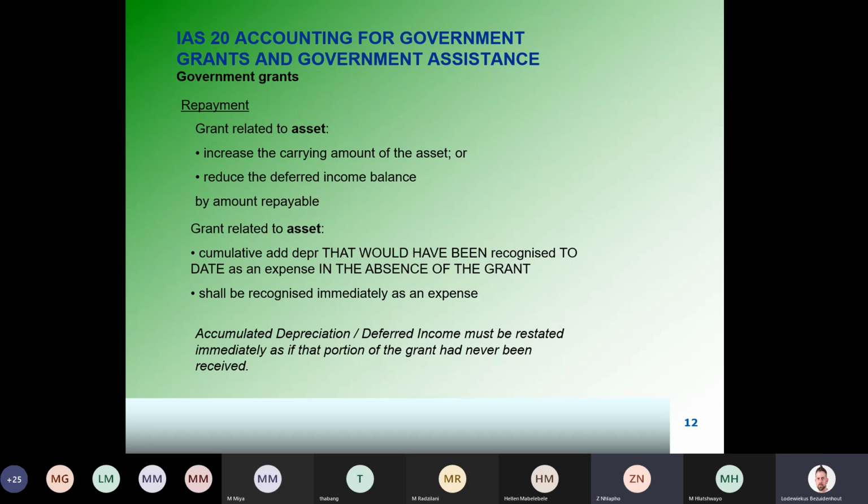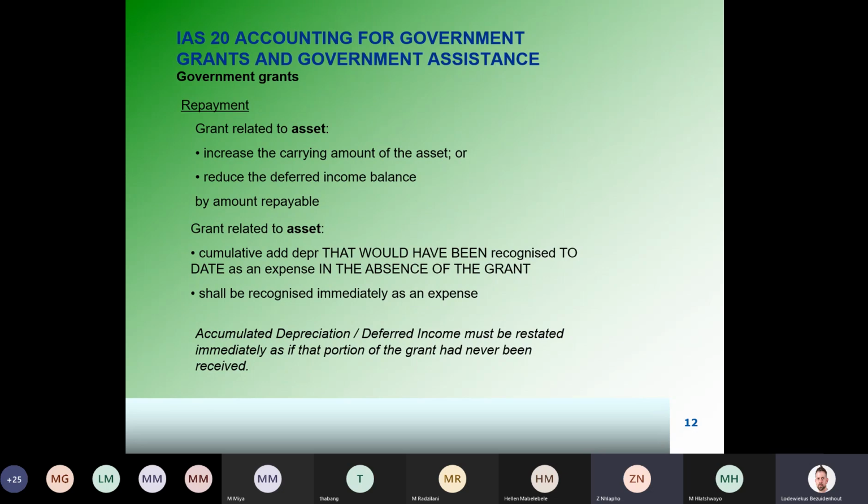And each year we would show deferred grant income transferred to other income in the income statement. If that is the case, then we must first see if we have to repay, what's the balance on the deferred grant income account? And we clear that. And then the amount remaining will go again to the income statement. That's the easiest one, because we have to repay the grant.